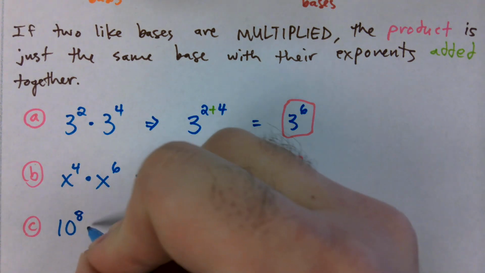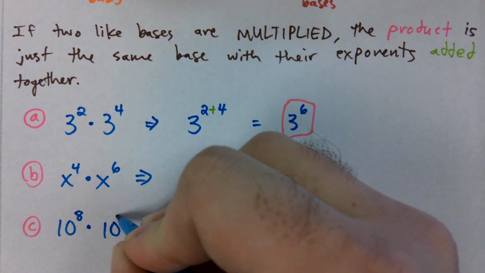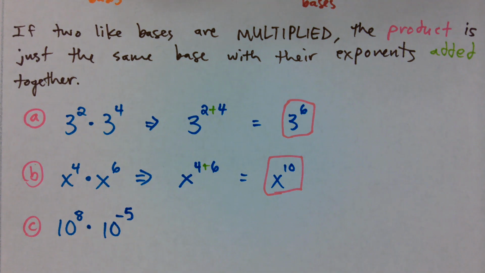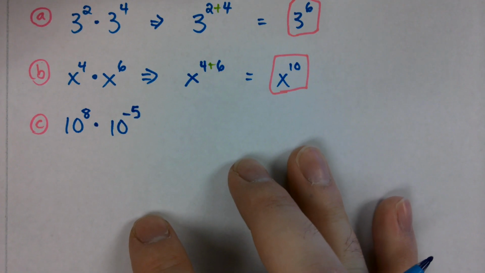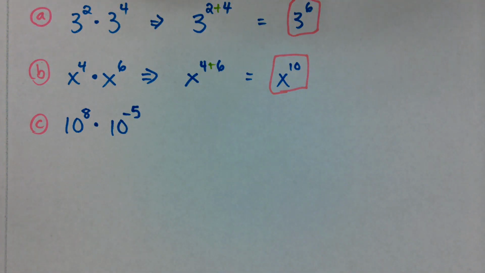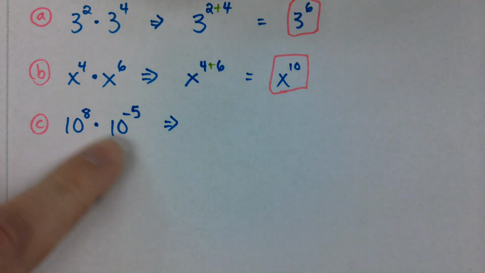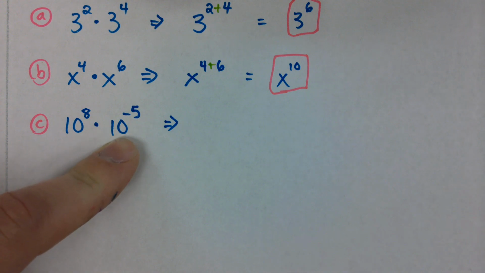Let's go 10 to the 8th times 10 to the negative 5. Switching things up a bit here. Do we have like bases, yes or no? Yes, beautiful.